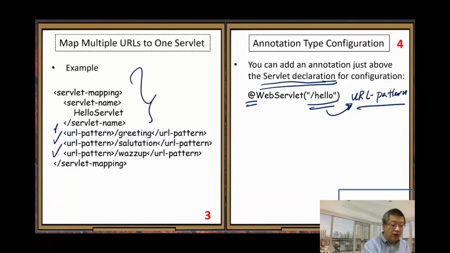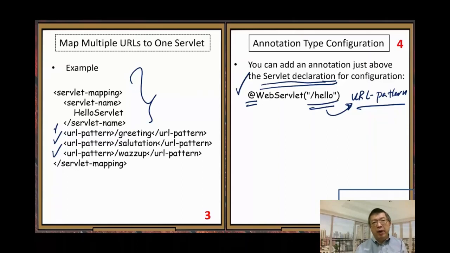So our previous explicit configuration, here we only need this one short, simple line. You can see the implicit, annotation way is much easier than the explicit way.